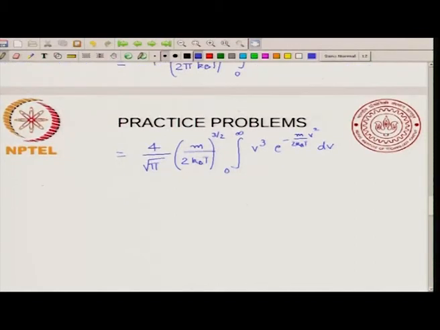So, what we will do is we will put V squared equal to t, then 2V dV equals dt, and so I can write this.